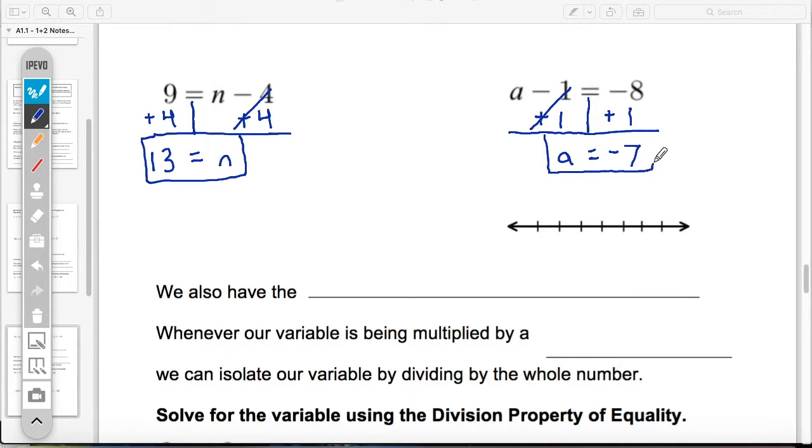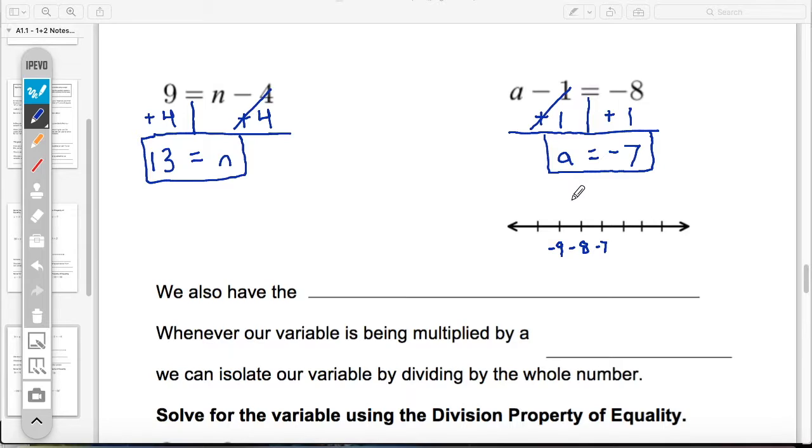And for those of you that may be struggling with the negative numbers, let's take a look down here. So let's say we're at negative 8 right here, on the number line. So that would mean this is negative 7, and over here is negative 9. Okay? So if we were to go this way to the right, we would get closer to 0. If we were to go to the left this way, we would get closer to negative infinity, the really large negative numbers.